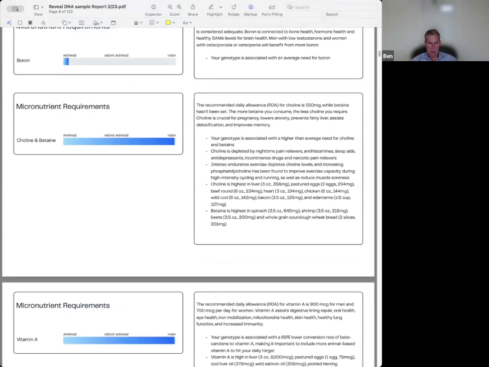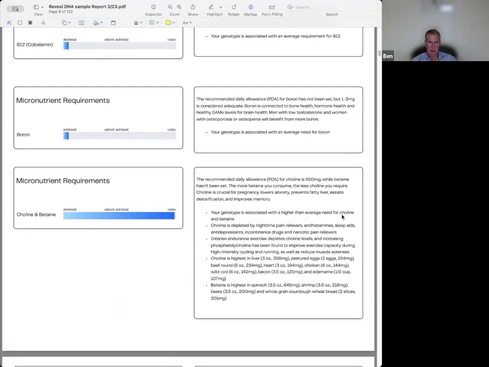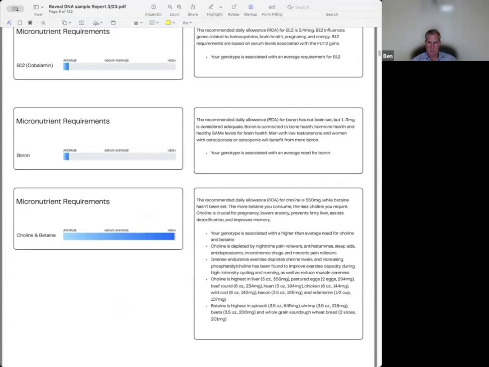Yes, you may ask about B12 right here. So B12, like all of these, would come up and tell you where it's depleted.